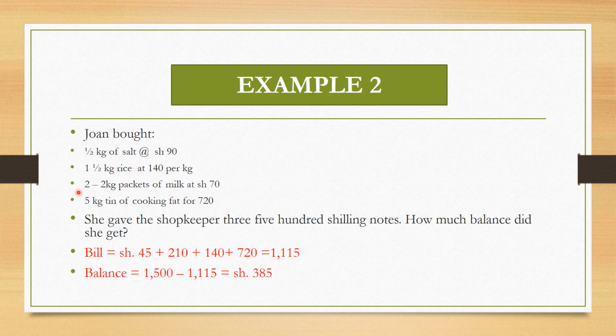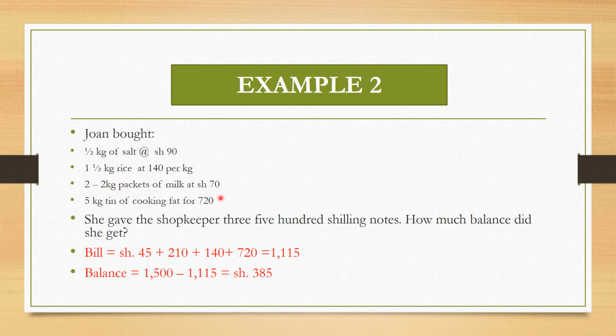And then two packets of milk at 70. So this one is always challenging many people. So this one here means you're going to multiply, but you'll multiply by what? We are saying one packet is costing 70. So you only need to multiply the 2 that is here, because this price here represents the price of each packet.